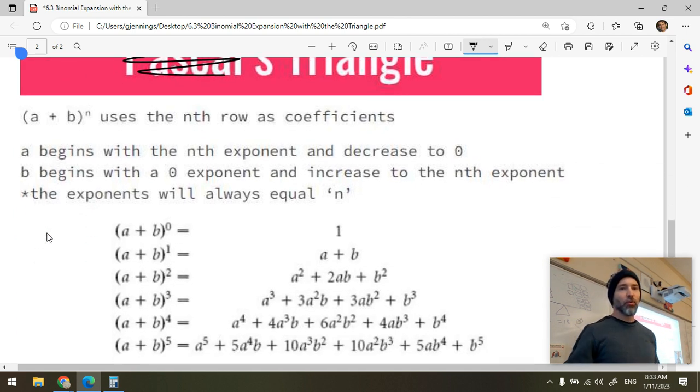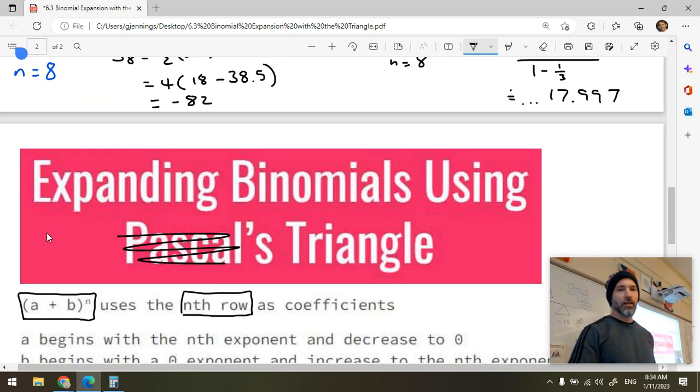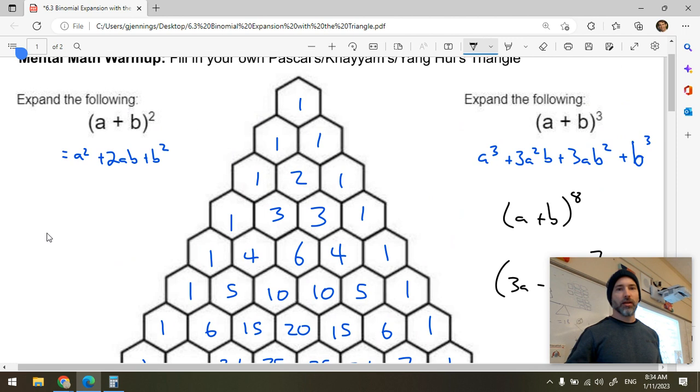So when we're using Pascal's triangle, we can look at something like (a + b)^n. And we can recognize that if we use the nth row of this triangle, we get the coefficients for that expansion. If you look at something like (a + b)^0, that's so trivially easy, we just know that to be 1. You can think of that as the top row of your Pascal's triangle.